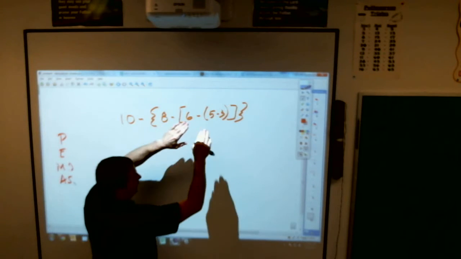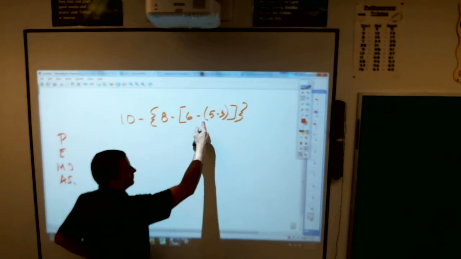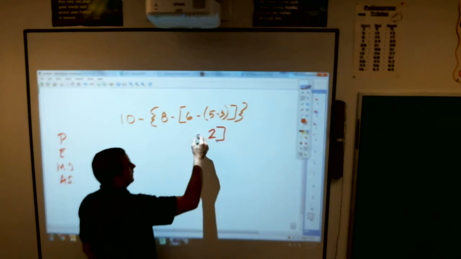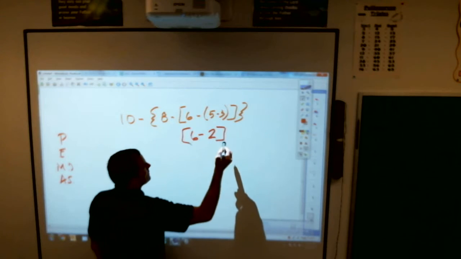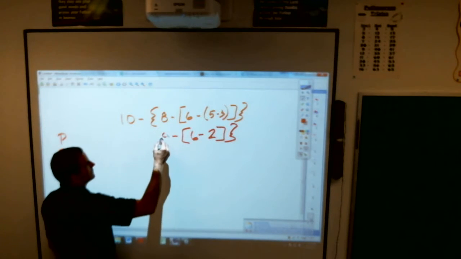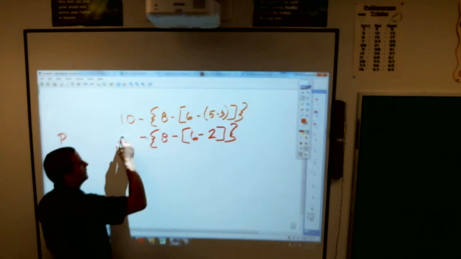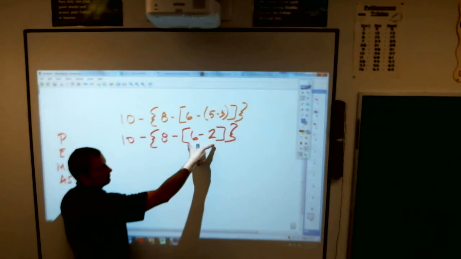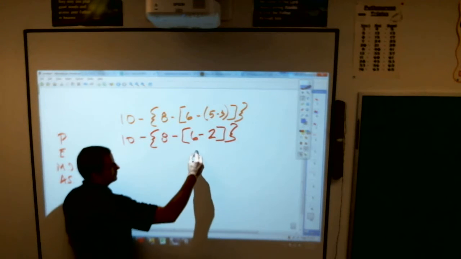So you work your way out from the middle, which means the first thing you're going to do is 5 minus 3, which is 2. And you have 6 minus 2. You still have this, you have this, you have this, and you have this. And then you're still working inside grouping symbols, and the most middle one is this 6 minus 2, which is 4.